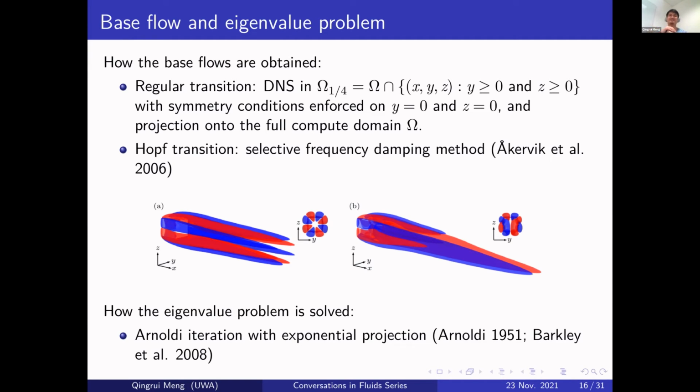We just need to run the Arnoldi iteration once, and it gives us one converged eigenvalue. That's the desired eigenvalue, so we don't need to do more calculations.